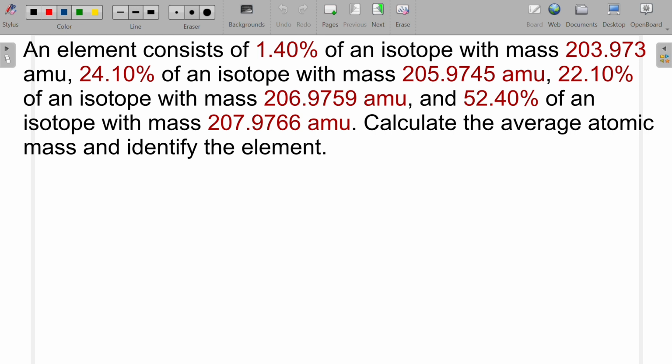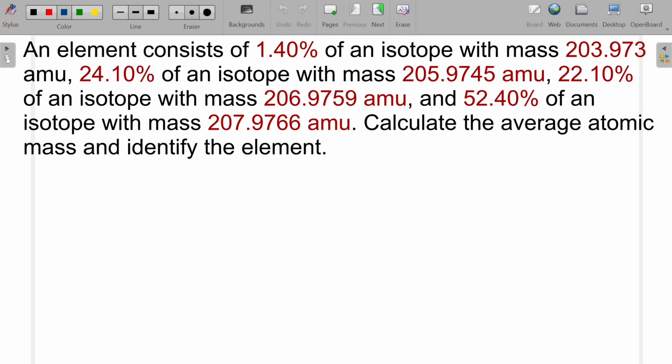And another one is 52.40% of an isotope with mass 207.9766 atomic mass units. Calculate the average atomic mass and identify the element.